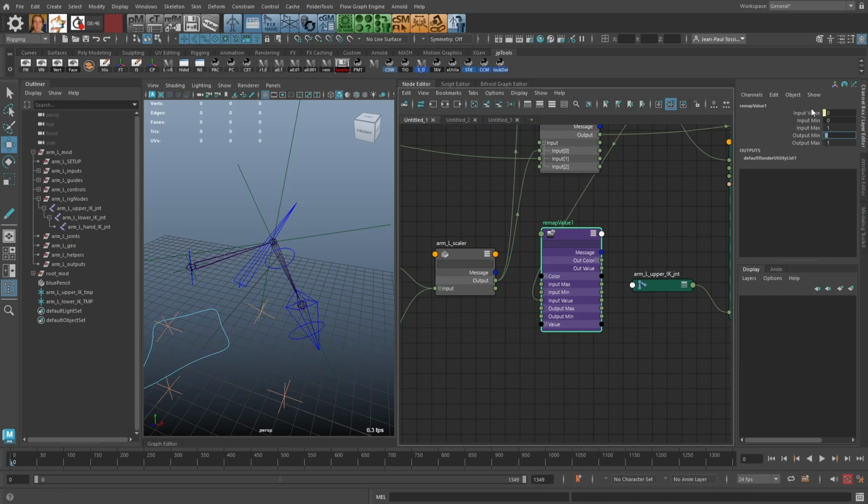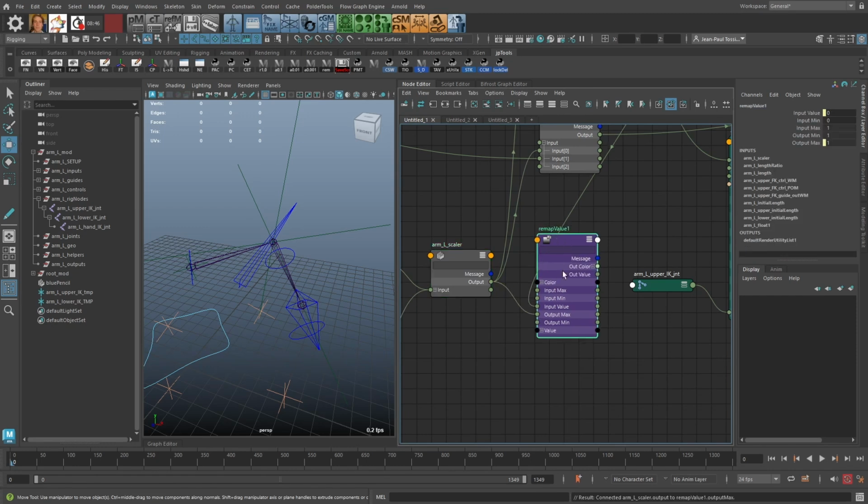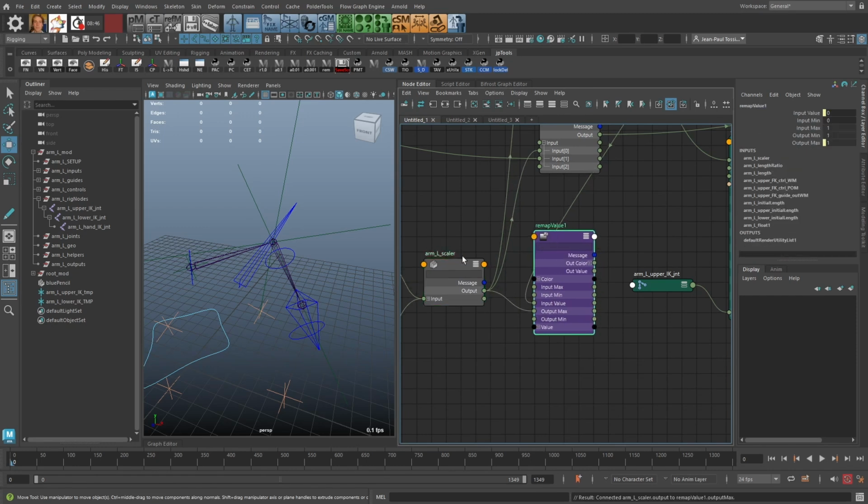And if the input value is 1, we want to enable the stretching, so the input is 1, so it's the max, so the output value should be the stretch scalar value. So the output max should be this value. So now, because it's not stretched, they are both 1.